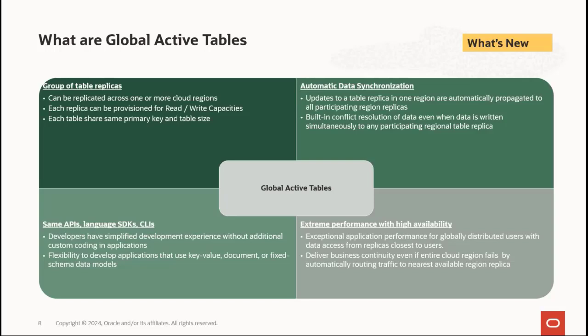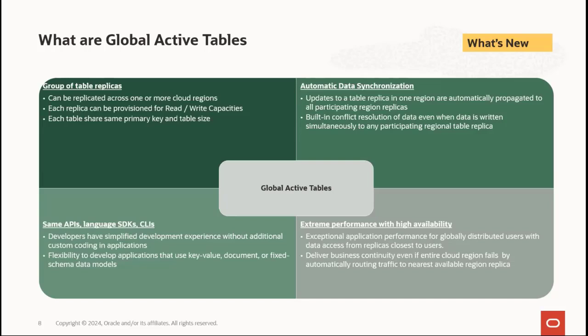So what does global active tables do? This is a way to replicate a table across multiple regions in a given cloud. Now, within our cloud, you can have two different kinds of read and write capabilities. You have what we call provisioned or on demand. You could set up your global active table with either one of those.